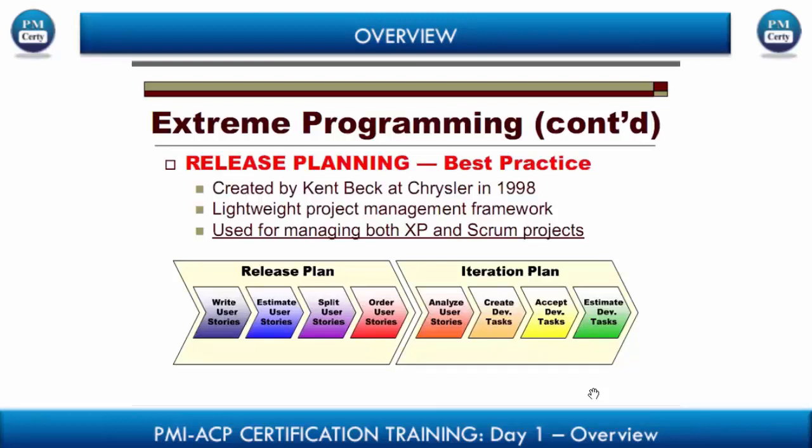So here we have two terms, release plan and iteration plan. Release is the sum total of all of the requirements, and an iteration is taking up a prioritized set of those requirements and doing it as part of the entire life cycle. So please be very clear to remember the difference between release and iteration.